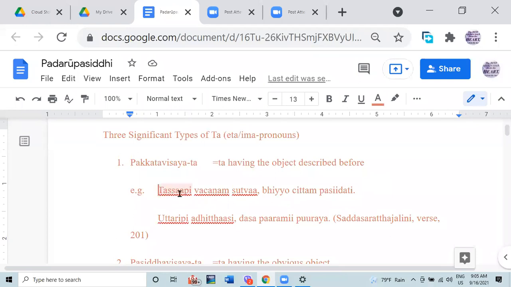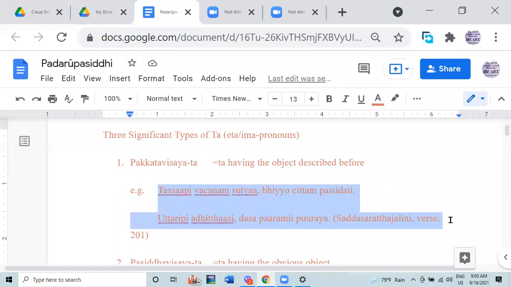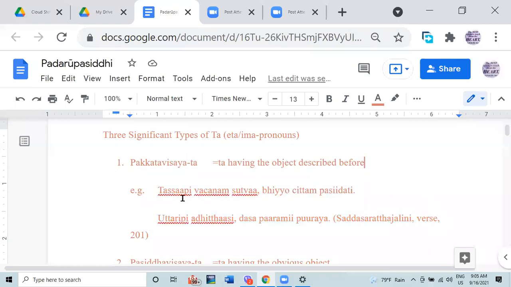So here the word tasabi: this modifying noun has not been mentioned here in this verse. So this tasa must refer back to something which has been mentioned in the preceding sentence or maybe verse.